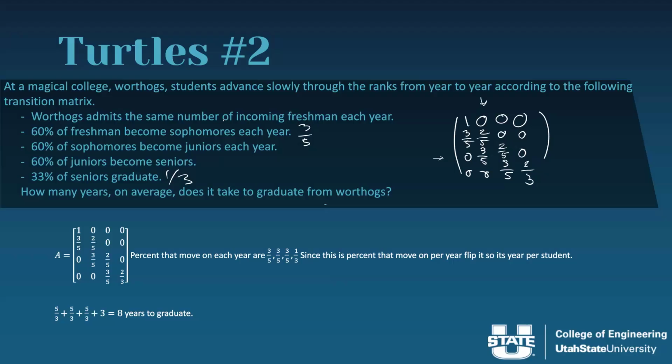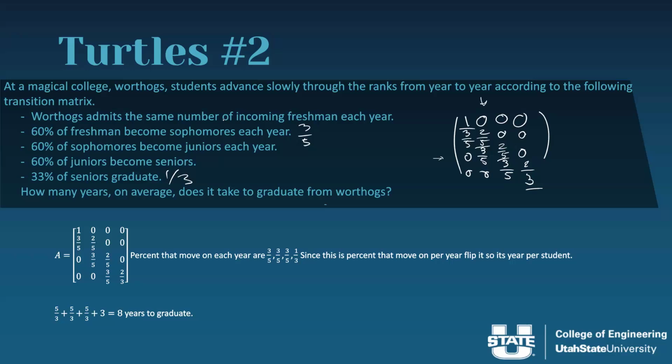Taking the reciprocal of fractions is way easier. So then, since these numbers are the rates, if I take the reciprocal of them, these numbers will give me how many years it takes on average to move to the next time step, right?